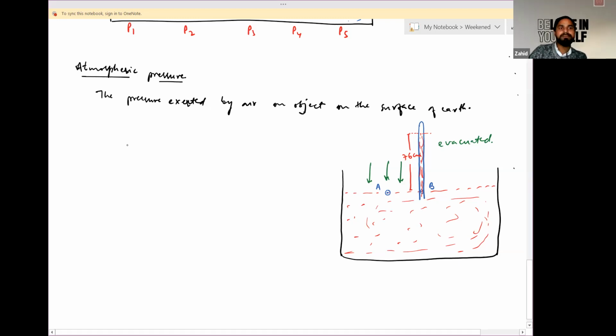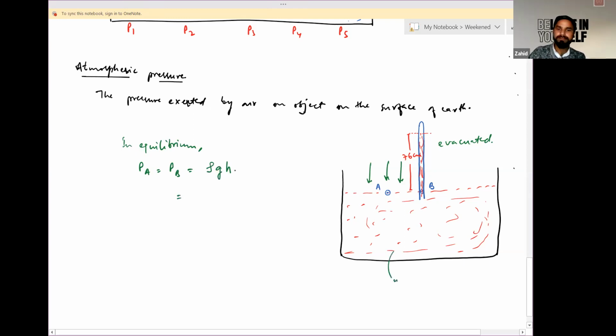So in equilibrium, pressure at point A is equals to pressure at point B. Pressure at point B is due to the liquid column raised in that particular column. So it will be rho g h.